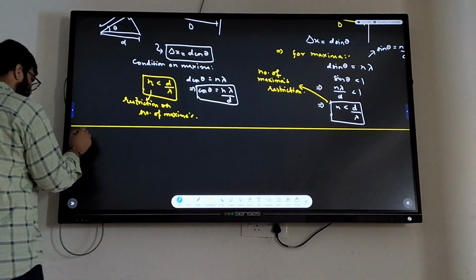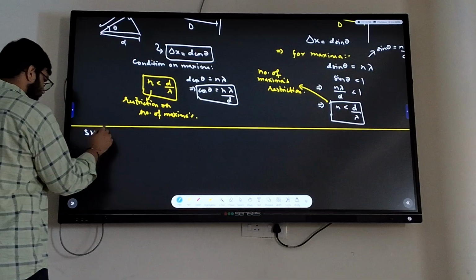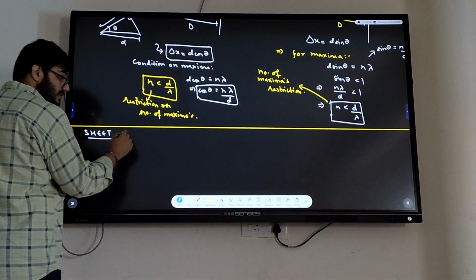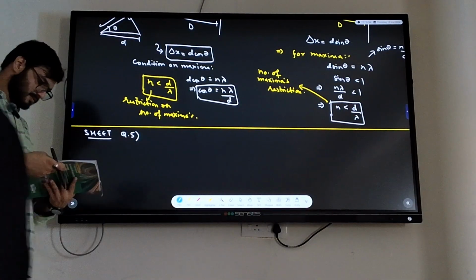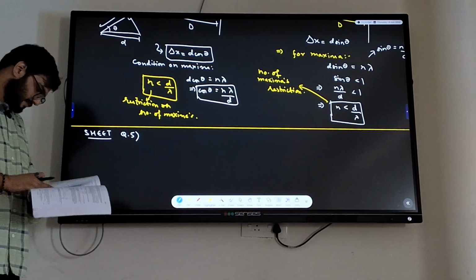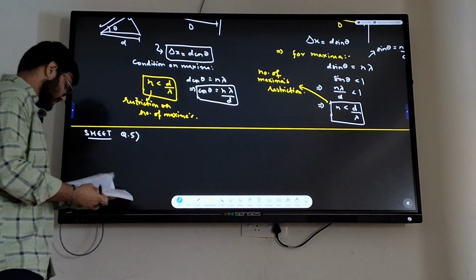So let's come back to the sheet. And this is question number 5. So let me draw the setup of question number 5. It's something like this.